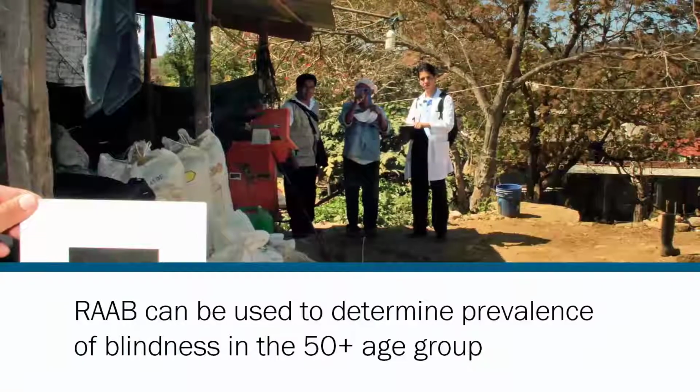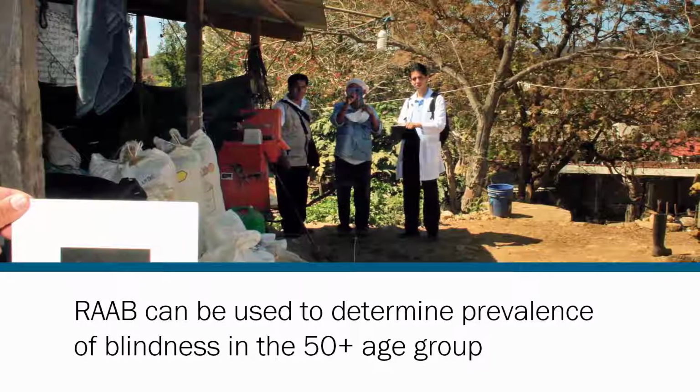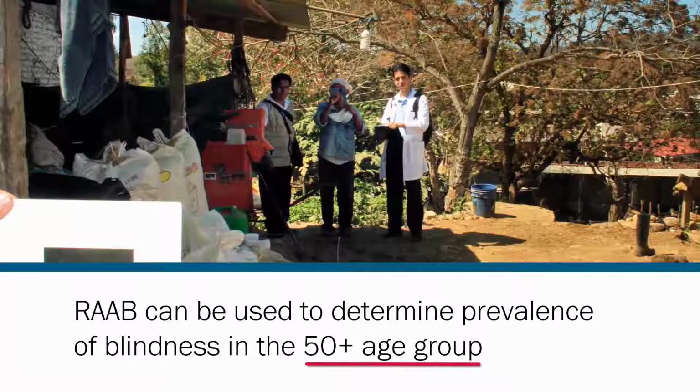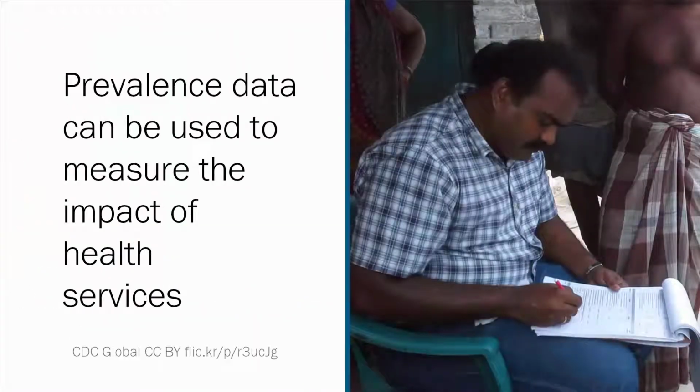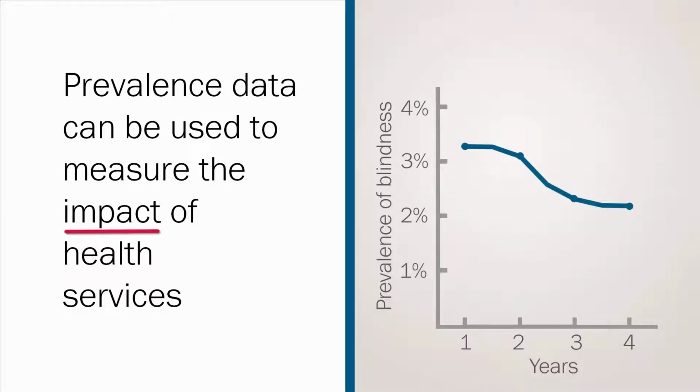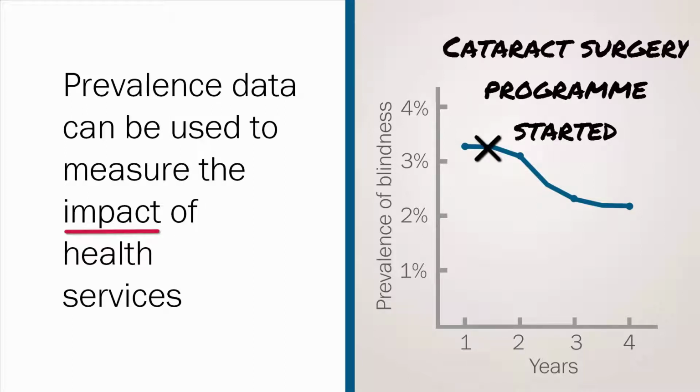RAB is a tool that can be used to determine the prevalence of blindness in the 50+ age group. Health workers can use prevalence data to measure the impact of health services by collecting prevalence data before and after a health intervention. For example, how much of a change did providing cataract surgery have on reducing blindness in a given population?